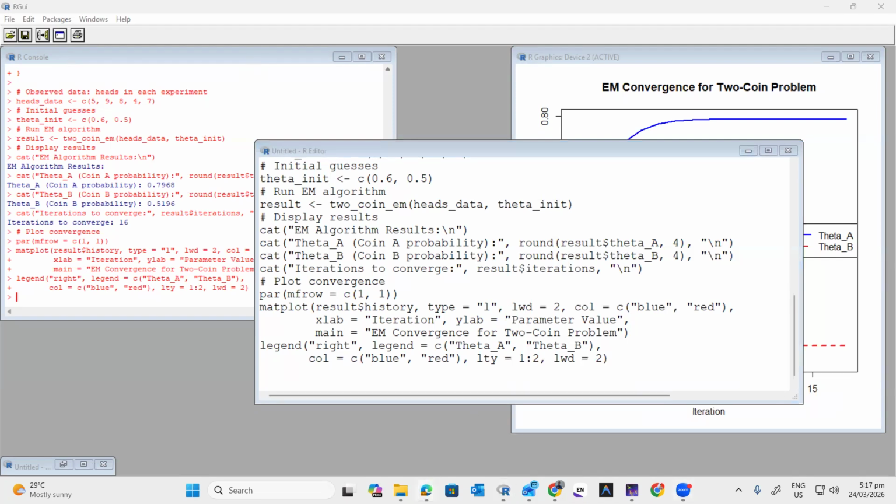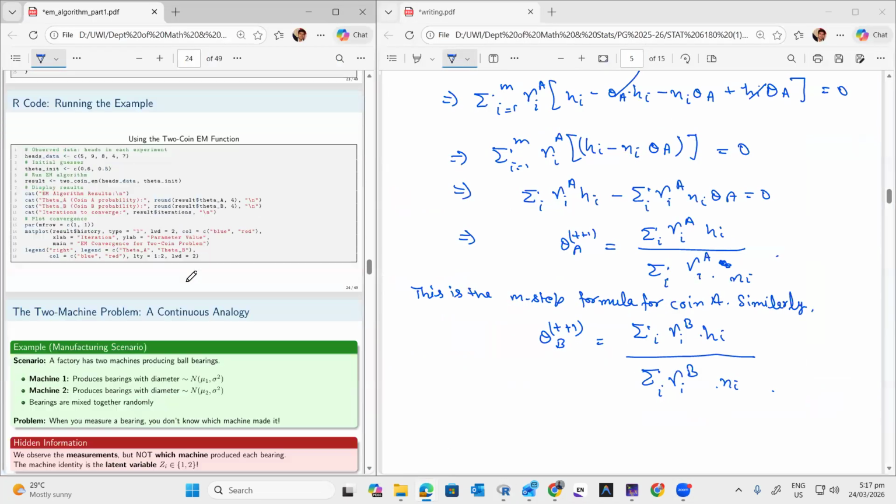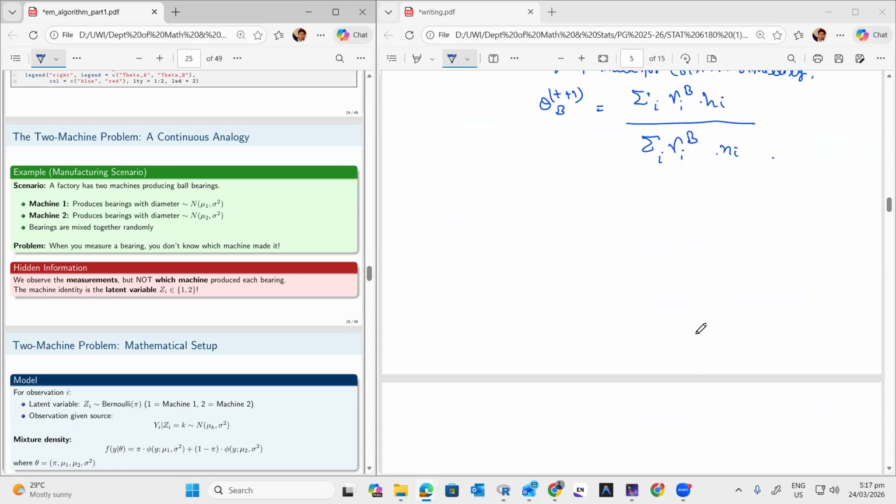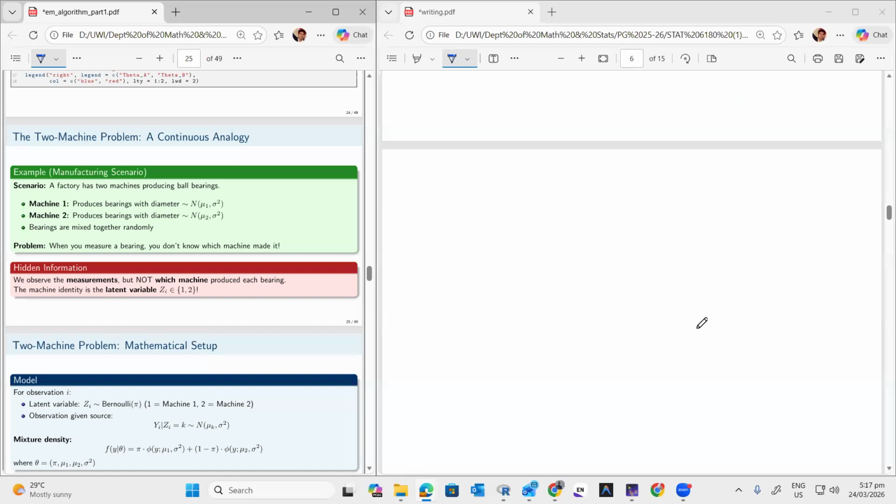Okay. So now we will move to another example, that is the two machine problem, for the continuous case. The previous problem that we discussed was for the discrete case. Now this is the continuous case. So here the scenario is like this.